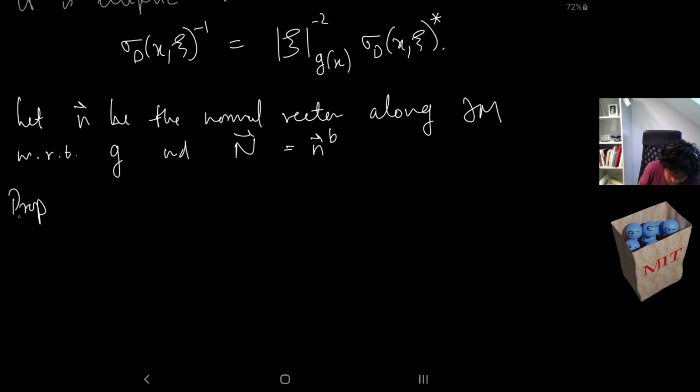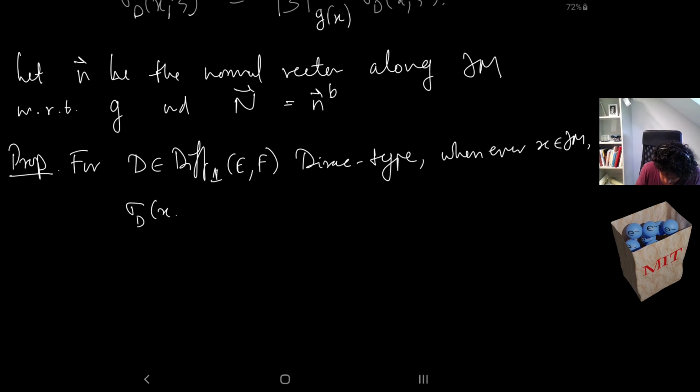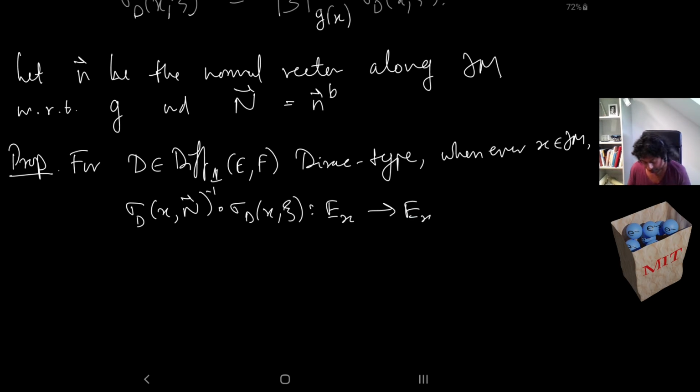So, proposition. For D in Diff^1(E,F) of Dirac type, whenever x is in the boundary, this object here, inverse, sorry, the inverse of the symbol of D applied to N, so this is now mapping from E_X back into E_X, right? Because of the inverse there.